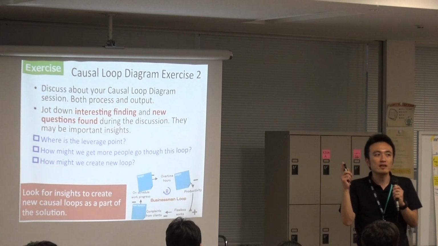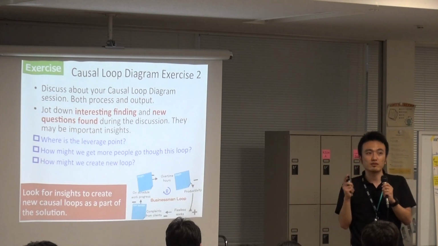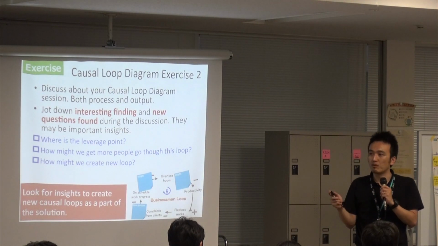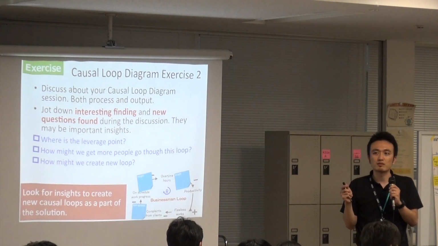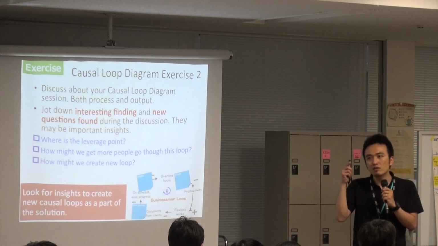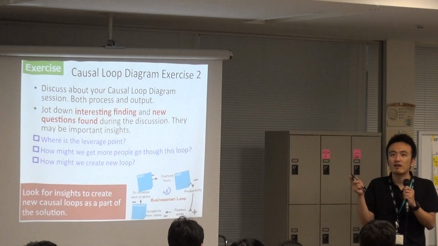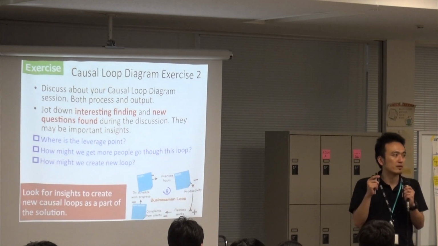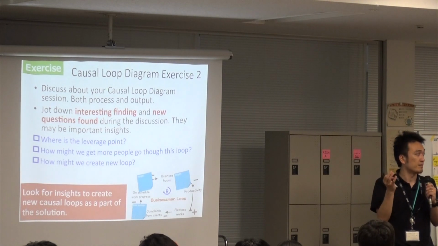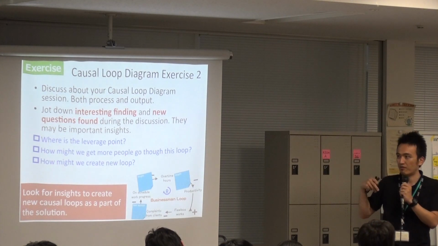Because if you can design a good loop around your solution, ta-da, you have a sustainable solution. Okay? Sustainable solution, but very difficult. All right? But you always want to care about the cause and effect around your solution. That's very important. That's another aspect of looking at your solution as a system in terms of cause and effect.